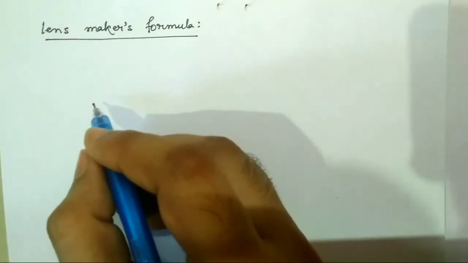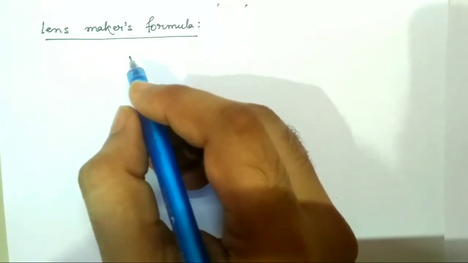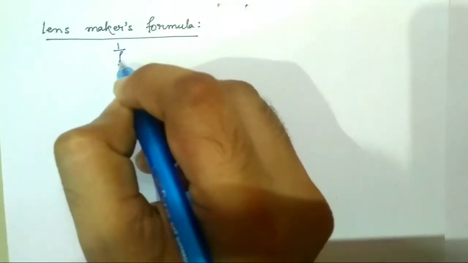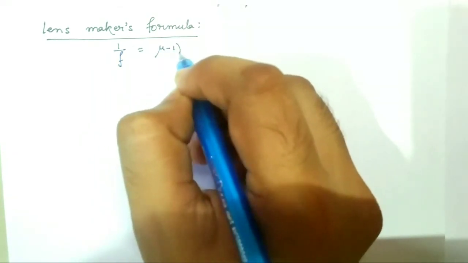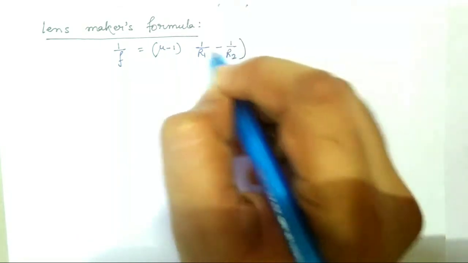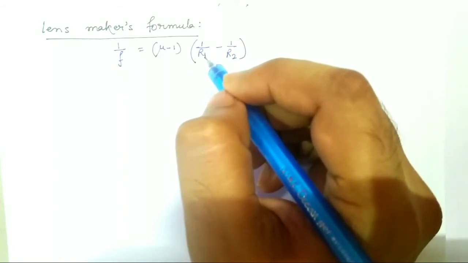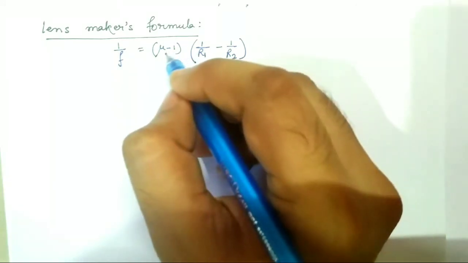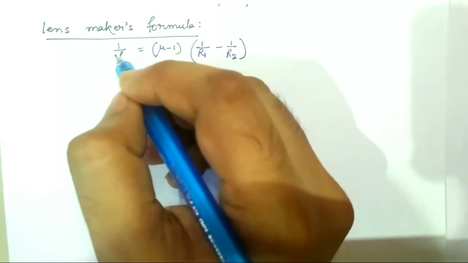Suppose a lens is placed in air, then its focal length will be given, according to the lens maker's formula, by 1/f equal to (mu minus 1) into (1/r1 minus 1/r2), where r1 and r2 are the radii of curvature of the first and second refracting surfaces, mu is the refractive index of the material of the lens, and f is the focal length.